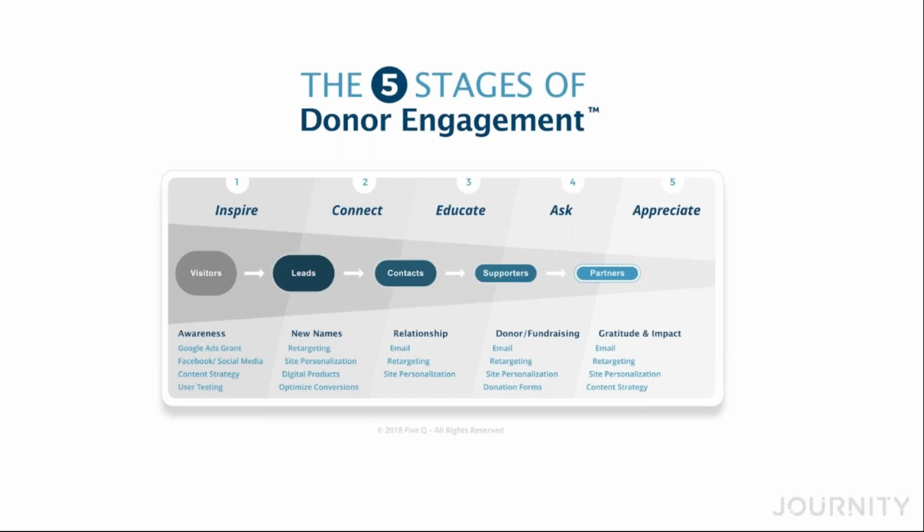Then you move them through making that connection, educating them about opportunities within your organization, finally making the ask, and then driving long-term relationships through partnership with appreciation, and continuing to show your impact.